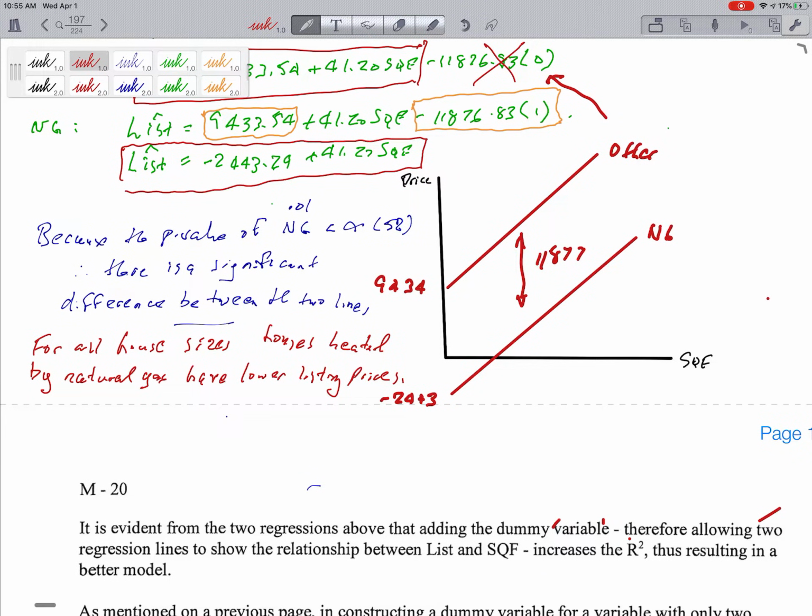Our best guess, on average, is they're about $12,000 less in price. So that's how you do that.